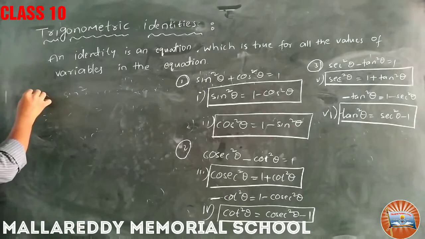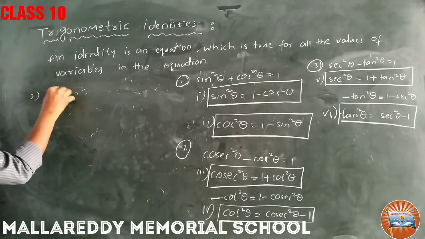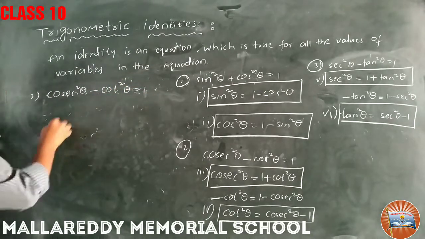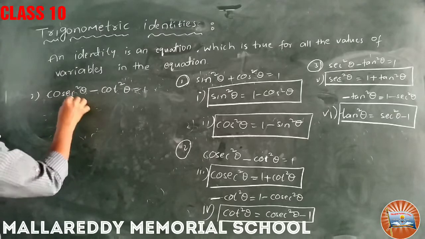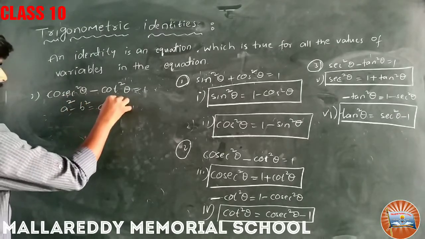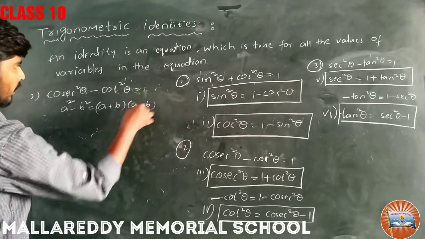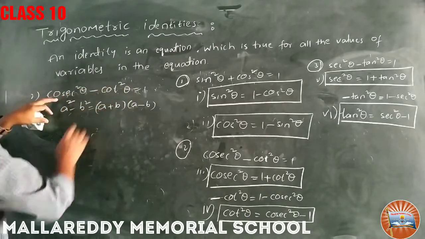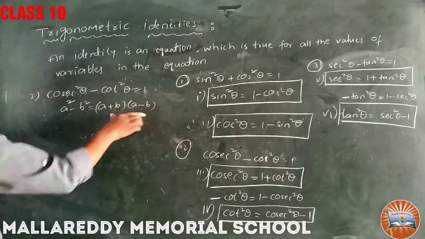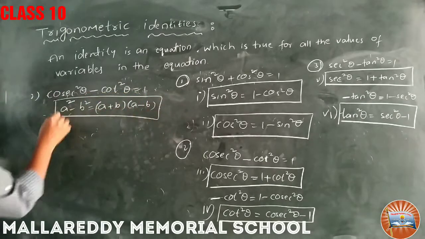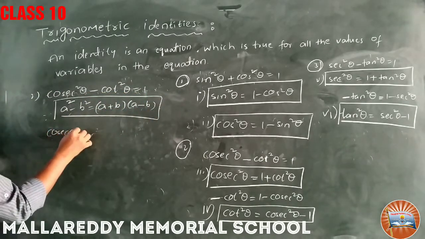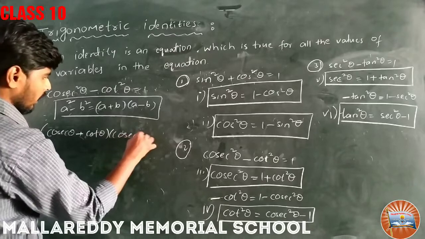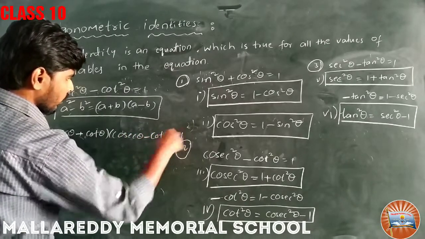Look at it. In the second identity, cosec square theta minus cot square theta equals 1. This is in the form of a square minus b square equals a plus b into a minus b. Similarly, it is cosec square theta minus cot square theta, so we can replace it by this formula: cosec theta plus cot theta, cosec theta minus cot theta equals 1.